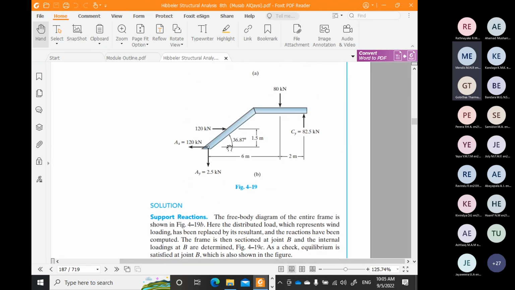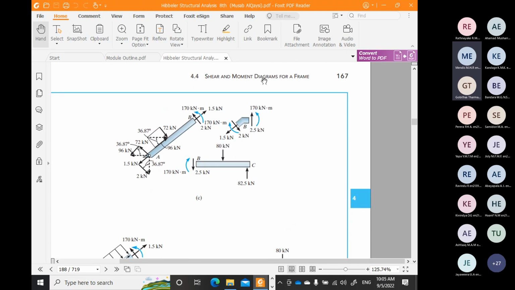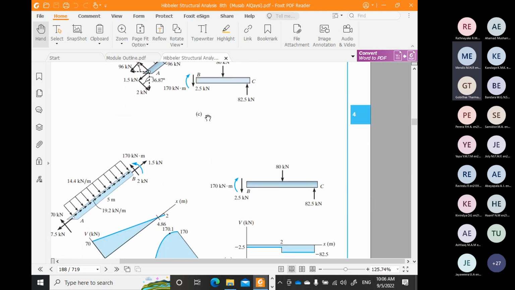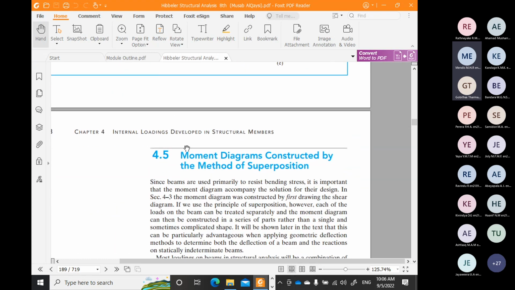So here you can see the support reactions are found first, then the section is divided into three elements and then solved and plotted shear force and bending moment diagram separately, and you can merge them to form the shear force and bending moment diagram for the frame.